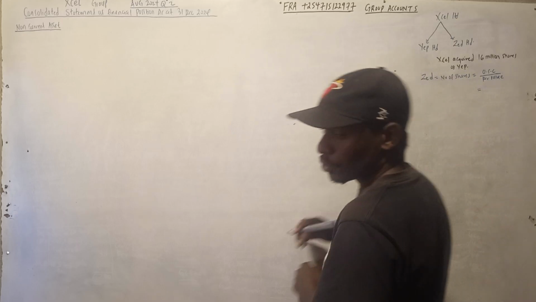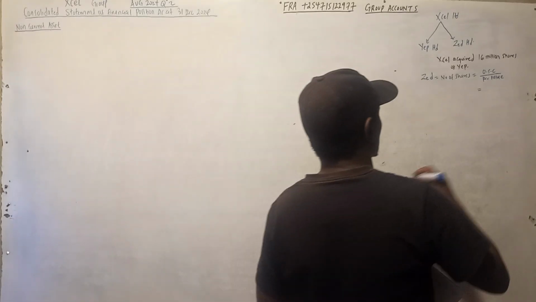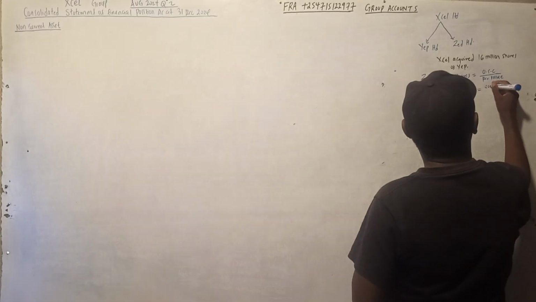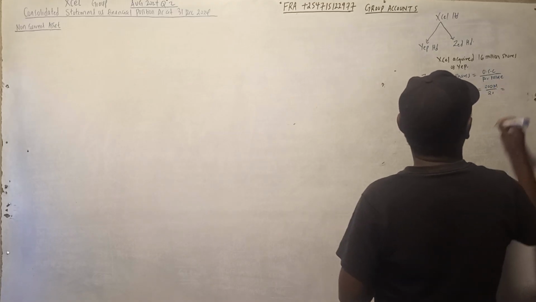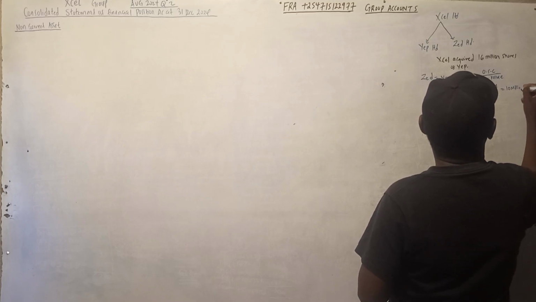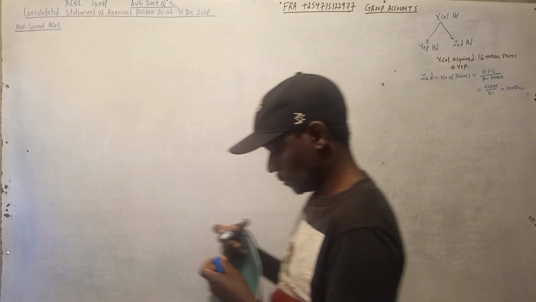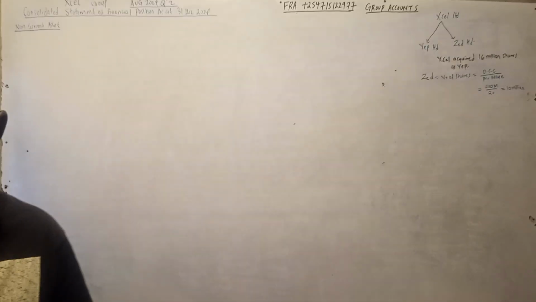The ordinary share capital of Z, from the additional information, is 200 million. 200 million divided by 20 will be equal to 10 million shares.